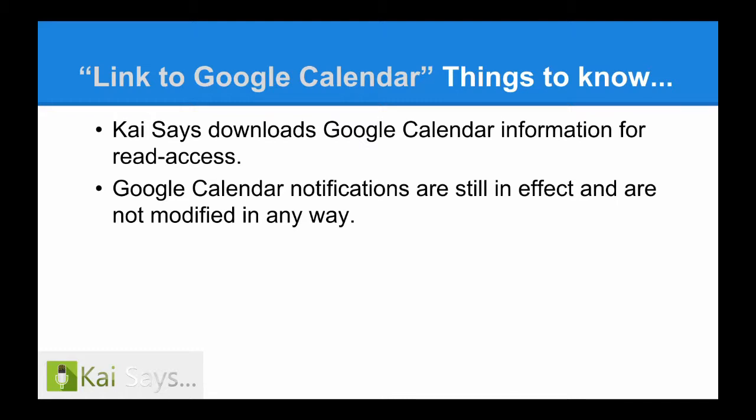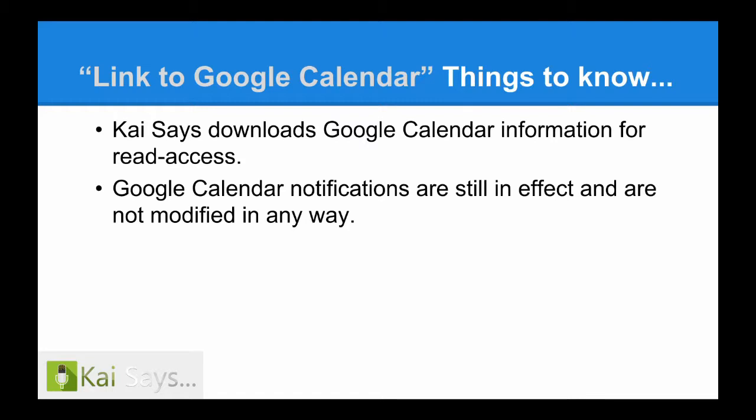Secondly, Google Calendar notifications are still in effect and are not modified in any way. So, as you know, Google Calendar comes built in with a pretty robust amount of options for delivering both email and pop-up notifications, to name a couple.